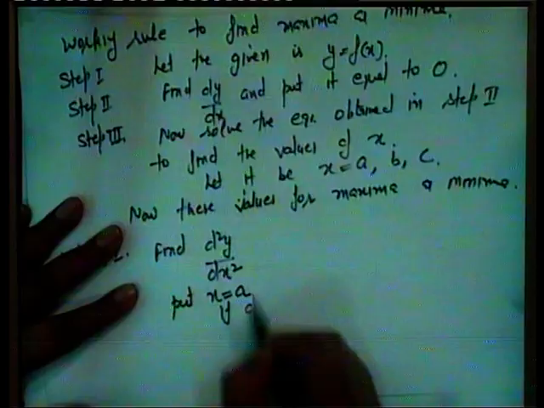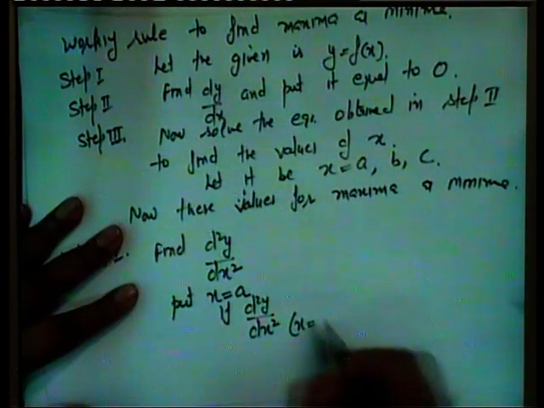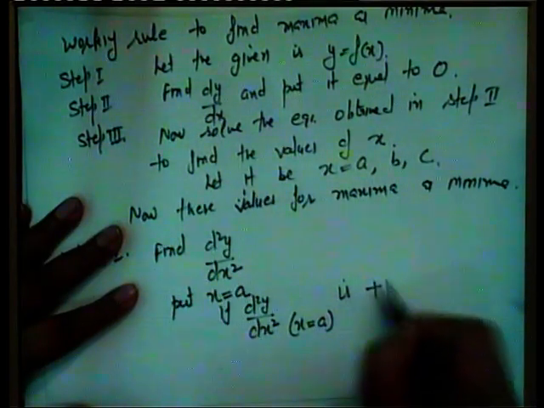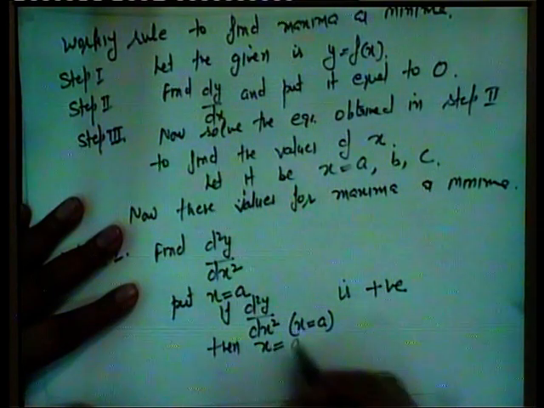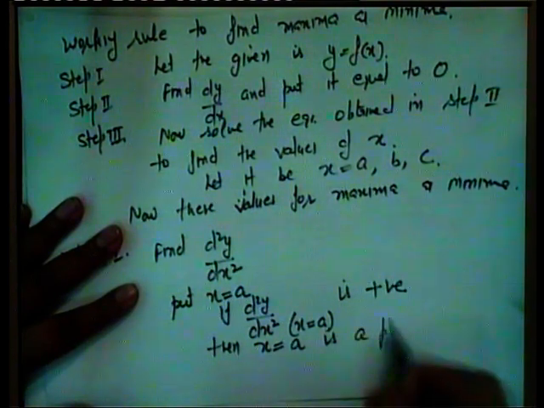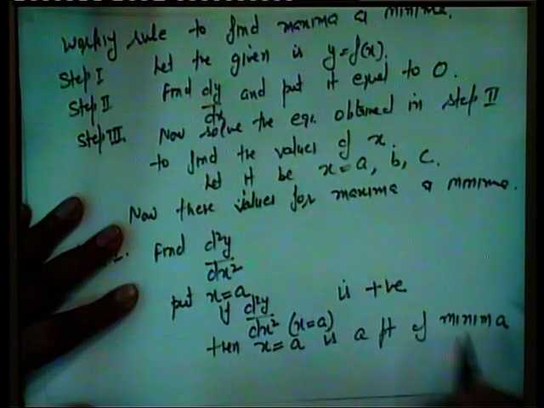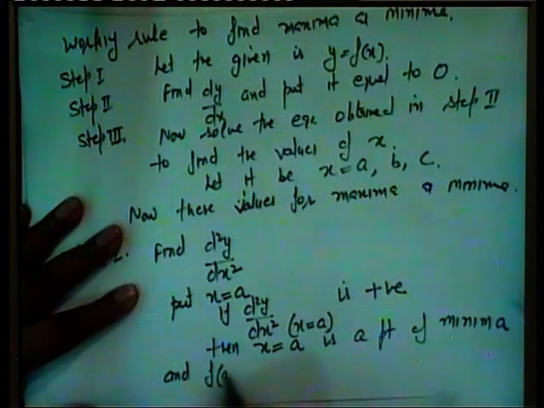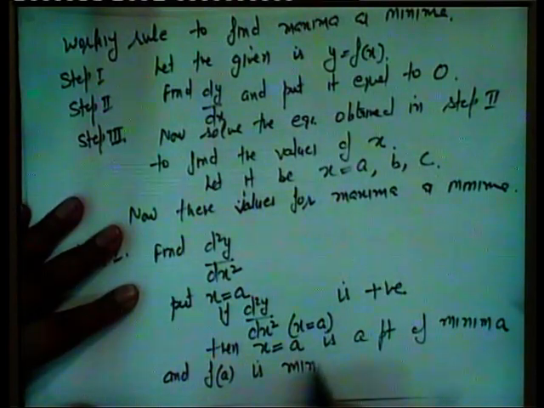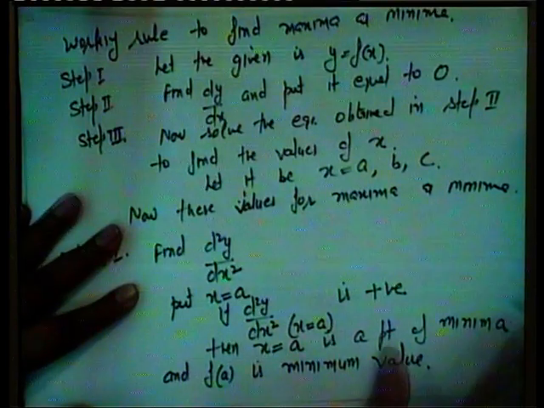If d2y by dx square at x is equal to a is positive, then x is equal to a is a point of minima, and f(a) is the minimum value.